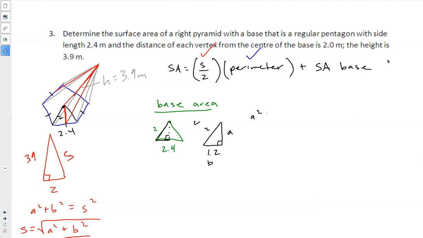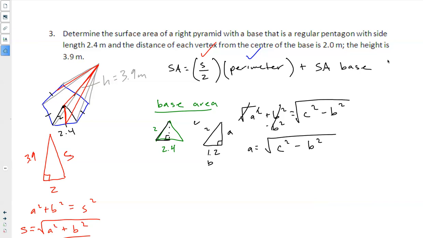So A squared plus B squared is equal to C squared. I want to find A, so I'm going to get A by itself. So minus B squared from both sides. Take the square root. Now I have A is equal to the square root of C squared minus B squared. Okay.